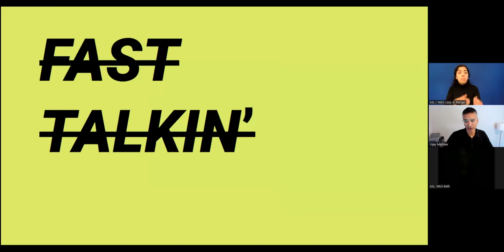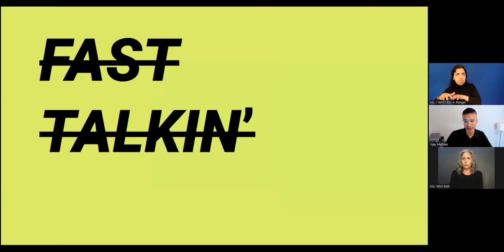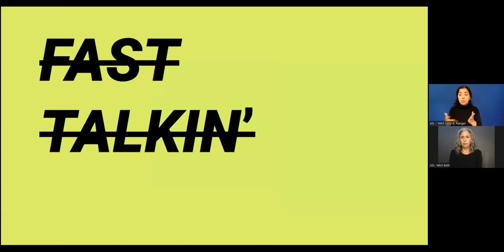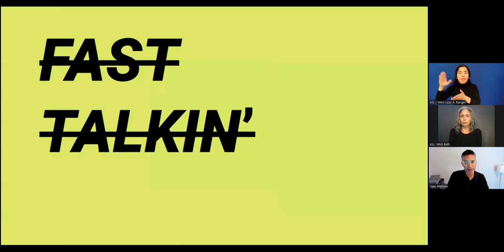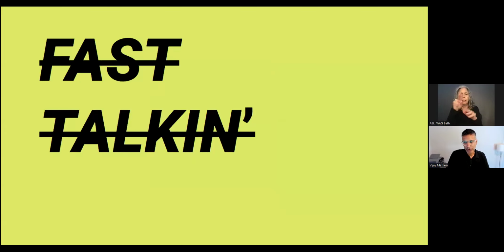This is essential for better quality sign language interpretation and for better quality live captions. Additionally, it may be helpful for your audience who is listening to you as well. Slowing your pace of speech creates more universal accessibility. And in general, you'll want to speak at 120 to 140 words per minute. But the speed of speech also depends on your particular context and your audience.